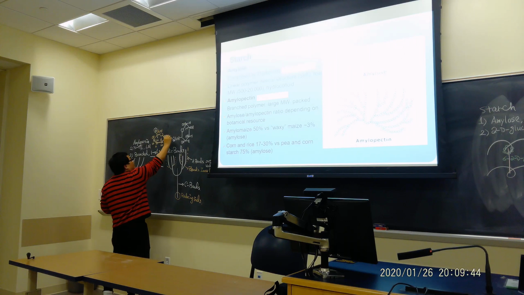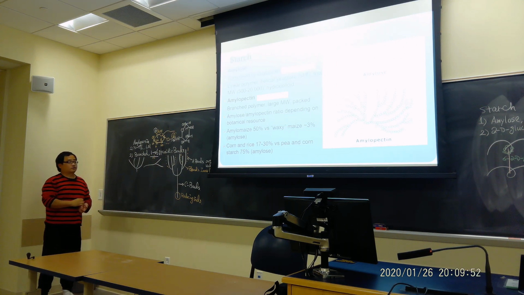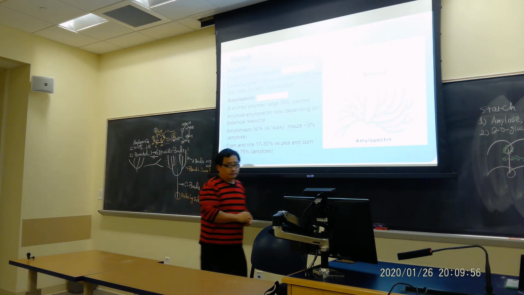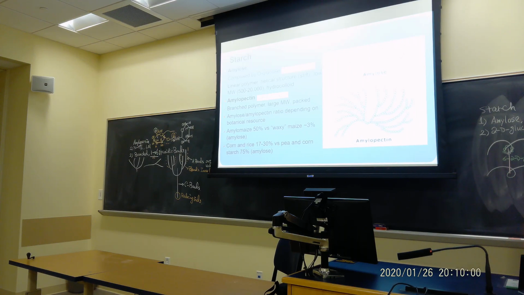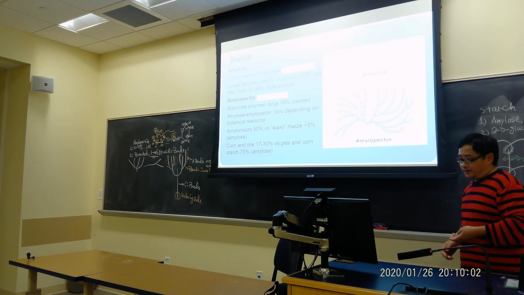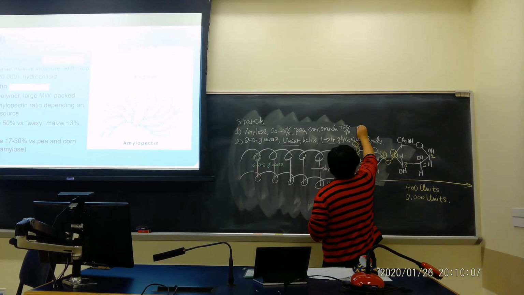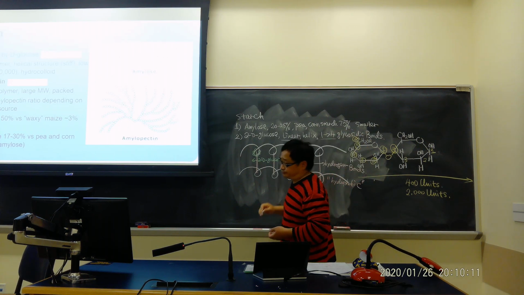And this is number 1, this is number 6. And this bond is called a 1 to 6 glycosidic bond. Okay, that is what it really means. Keep that in mind. Okay, so this is a small molecule, smaller, and that one is larger.